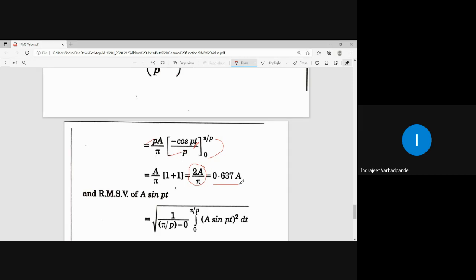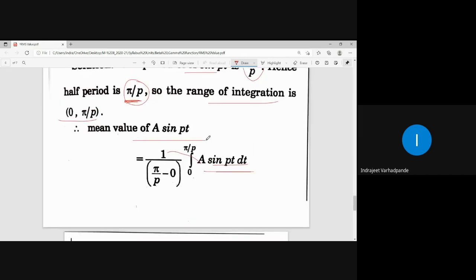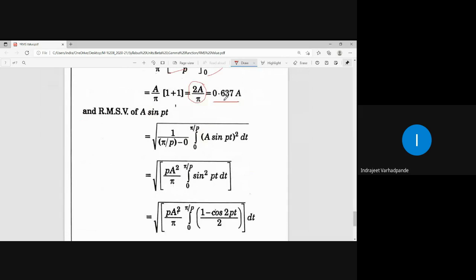So 1 upon pi means 1 upon 3.14 you take and that you multiply by 2. तो आंसर कितना आएगा 0.637 because this pi is not an angle over here. This is after putting down the limits you are getting the answer. So the mean value of the given function comes out to be 0.637a.